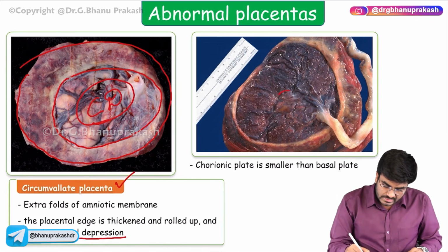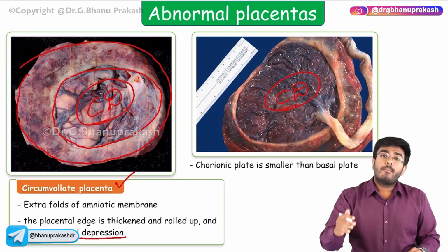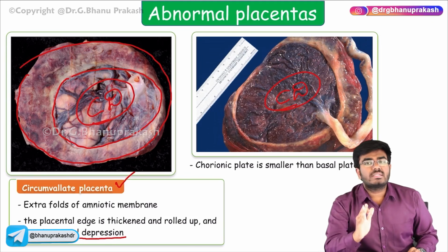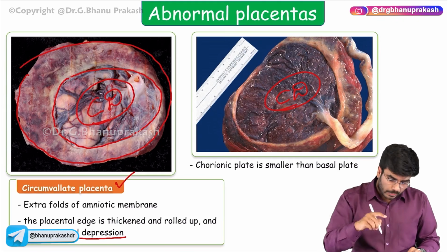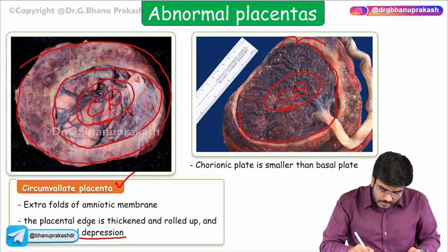If there is this central depression, that is a circumvallate placenta. With circummarginate placenta, there is no central depression. Also, in circumvallate placenta, at the placental edges you will have a thick fold, which is nothing but amnion.